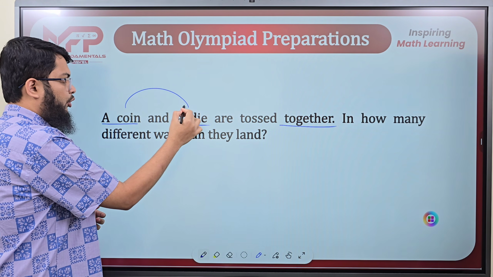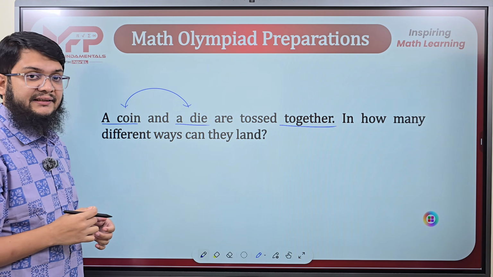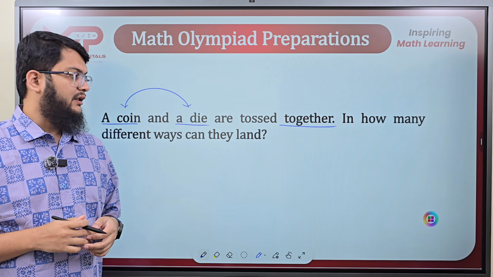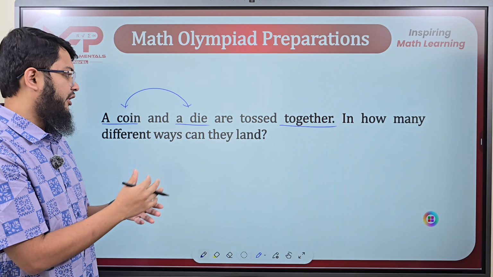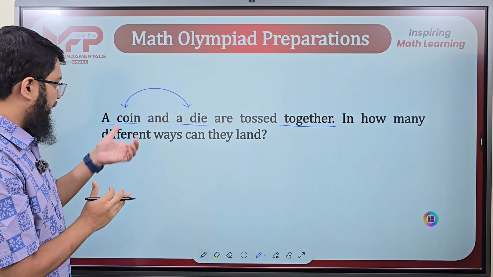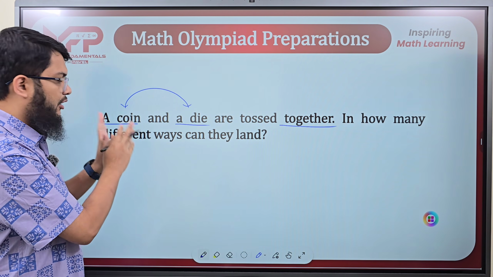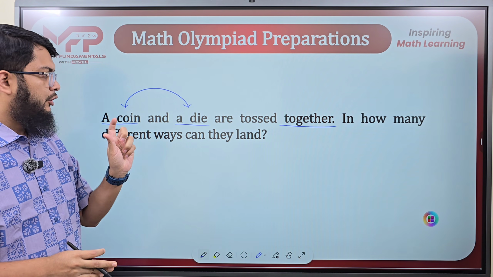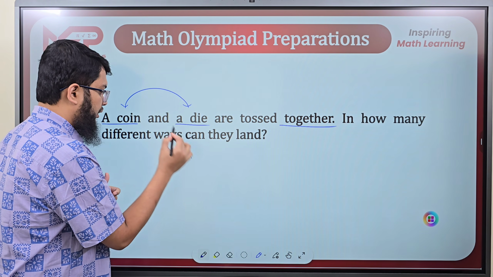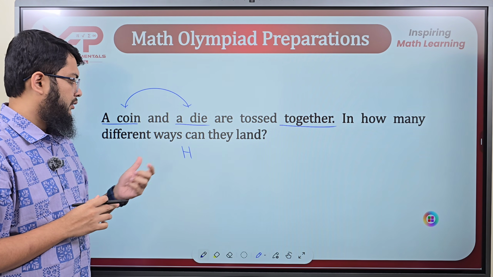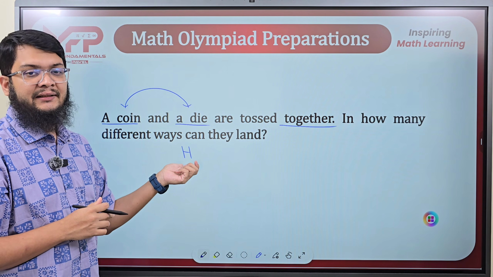That means more than one event is occurring simultaneously. So here you have 2 different items or 2 different events occurring. One is the coin and one is the die. In the coin, there are 2 different surfaces, right? One is head and the other one is tail. Suppose the surface of the coin shows head.